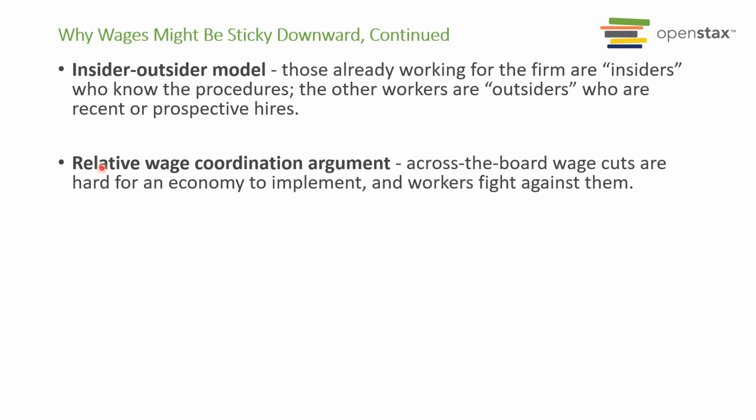The relative wage coordination argument says making an across the board wage cut when the economy goes into a recession is pretty difficult. And you face a little bit of friction from workers, because they'll go on strike or they might be more likely to unionize, meaning they're going to join forces. And if you lower one of their wages, they're all going to walk off the job.